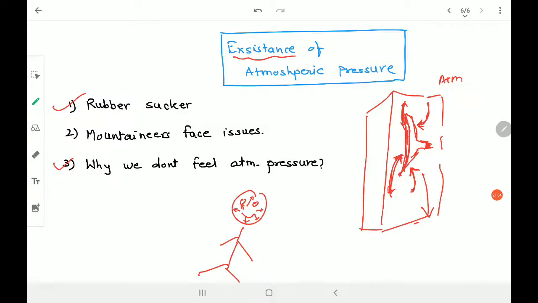That means we apply equal pressure to the atmosphere. So what will happen? Look, we apply pressure in this direction, and the atmosphere applies pressure in this direction. This will become zero. It nullifies the effect of atmospheric pressure, because inside our body we have an equal amount of pressure.